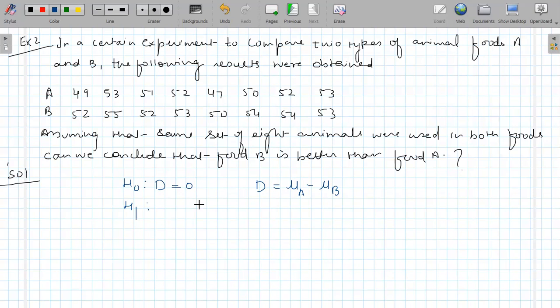We write D here because if mu B is greater than mu A, the value of D will come out to be less than 0.